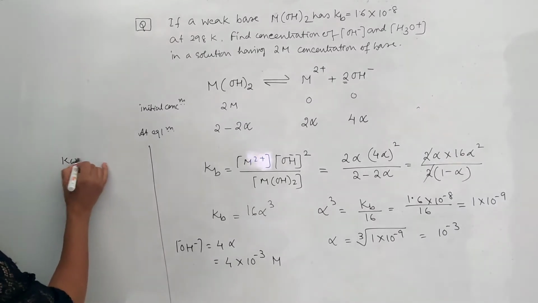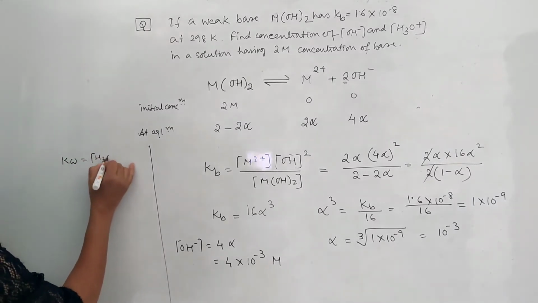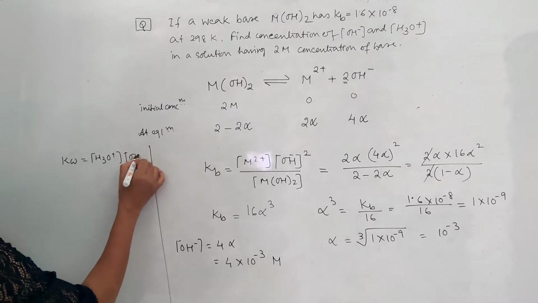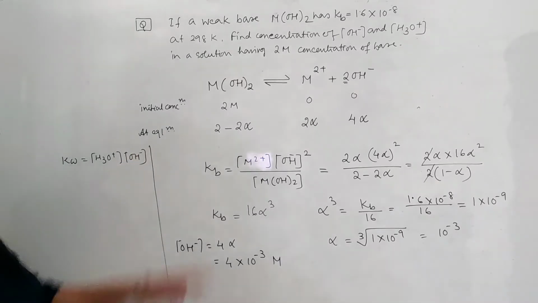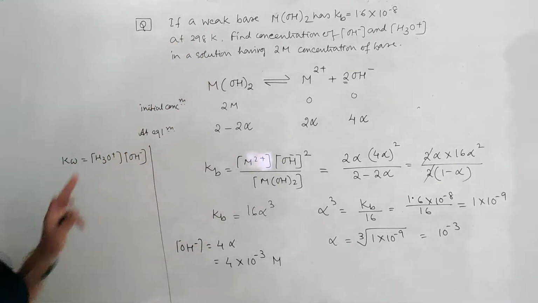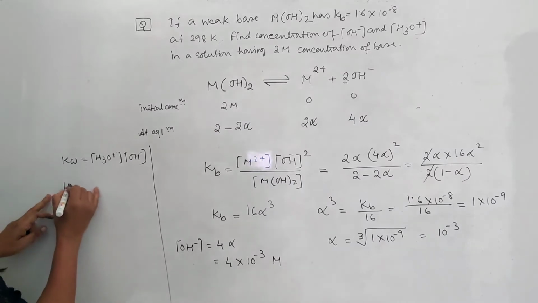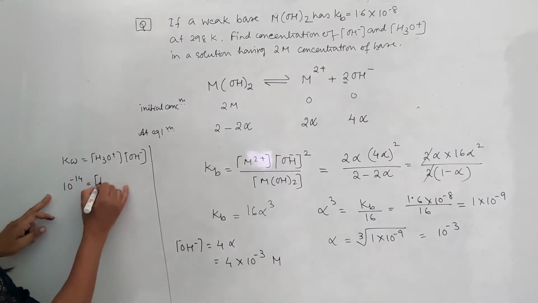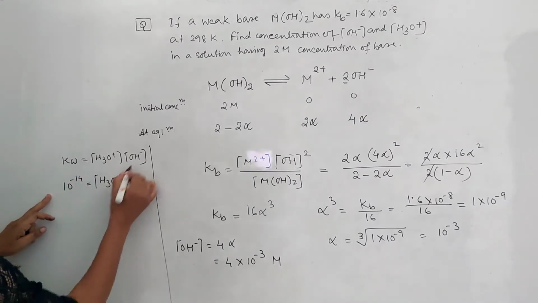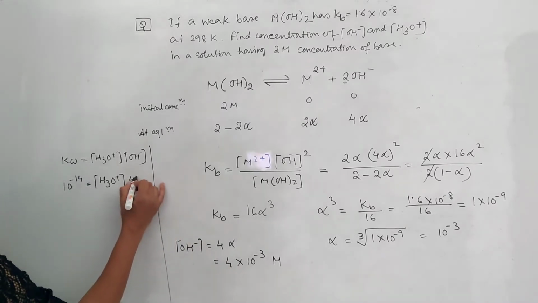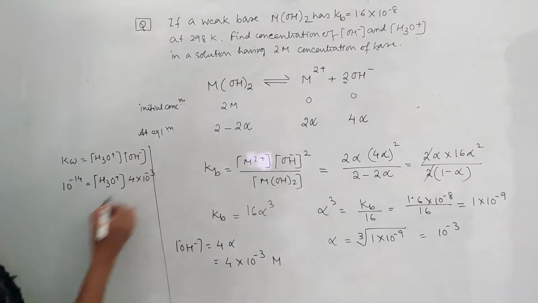We know Kw is equal to concentration of H3O plus into concentration of OH minus. Since the temperature is mentioned as 298 Kelvin, the value of Kw is 10 raised to power minus 14, equal to concentration of H3O plus and concentration of OH minus. We just got 4 into 10 raised to power minus 3.